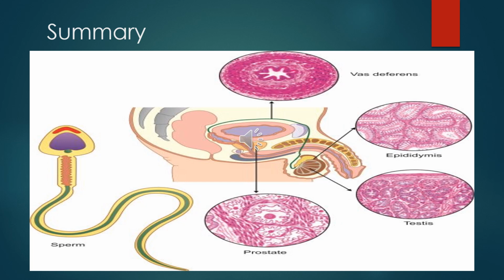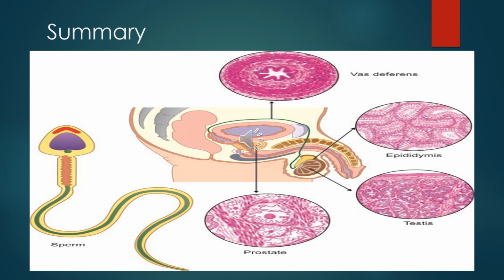The next structure you can see here is the epididymis. In that, you can again see cut sections of the ducts of the epididymis. The lining epithelium is pseudo-stratified columnar epithelium with stereocilia, and stereocilia are immotile. Two groups of cells are there: principal cells, which are the tall cells, and the basal cells toward the basal lamina with round nuclei.